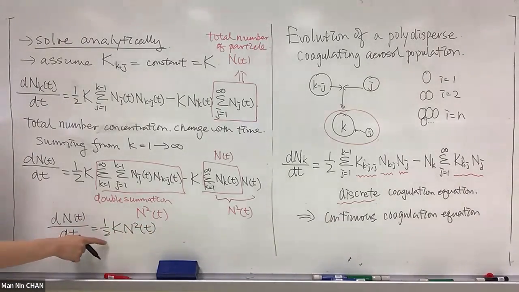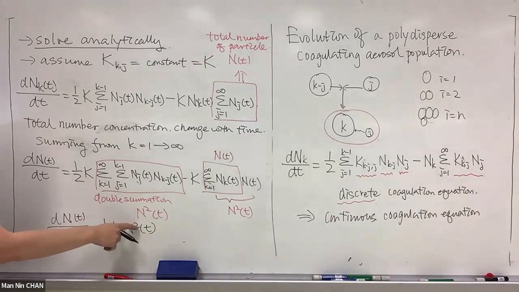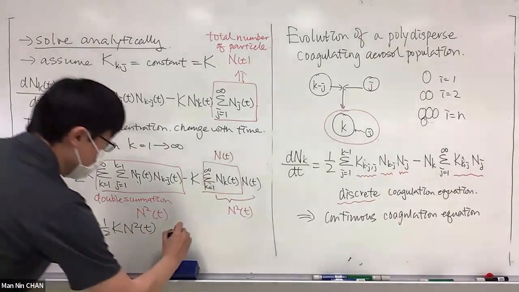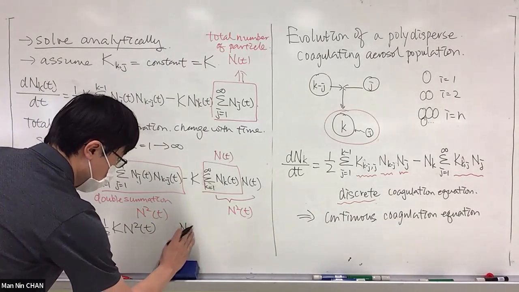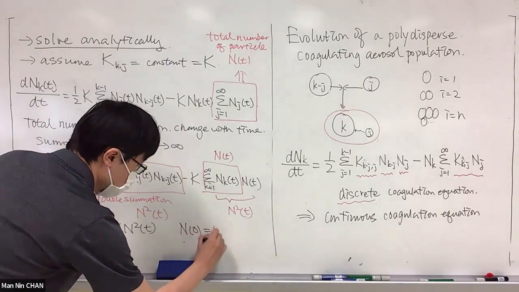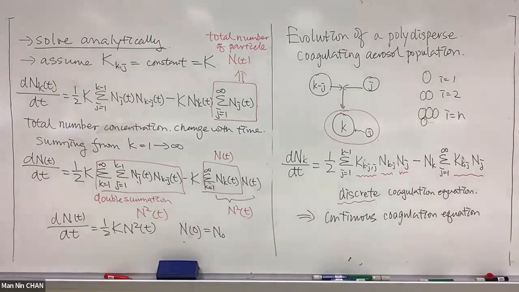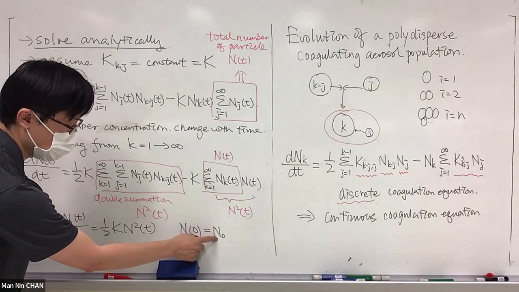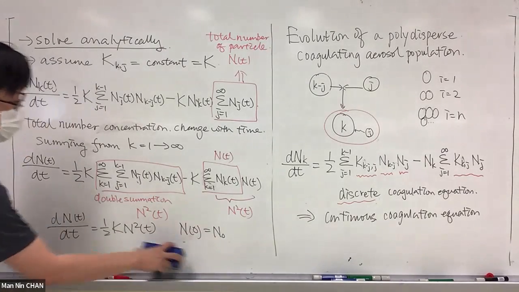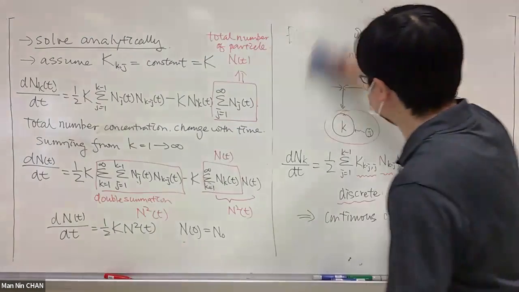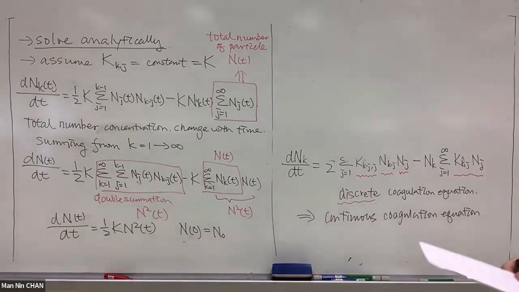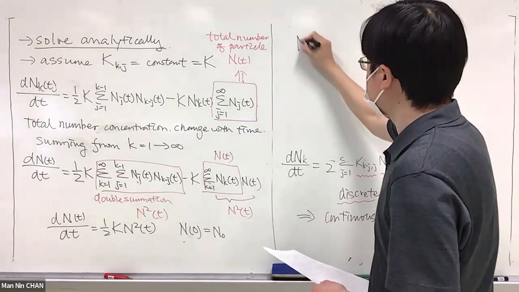We get dN_T/dt equal to minus 1/2 k times N_T squared. Remember, this is also your total number concentration at a given time t. And then if you know the initial condition, N_0, so at time equal to 0 you have your initial number concentration N_0, if you solve this, you will find this equation.